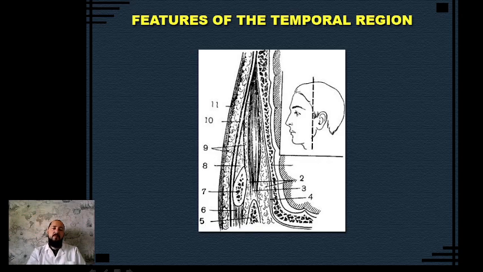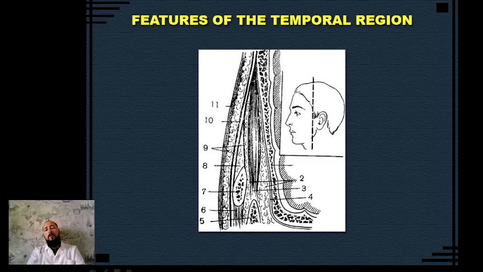And between the splitting, we have a cellular space. Also in the temporal region, we have the temporal muscle. So, in comparison with the frontoparieto-occipital region, where there are no muscular layers, only aponeurotic layers, in the temporal region you have both an aponeurotic layer and a muscular layer.